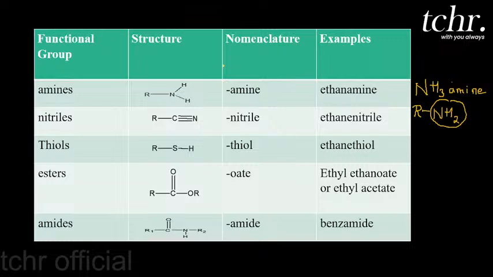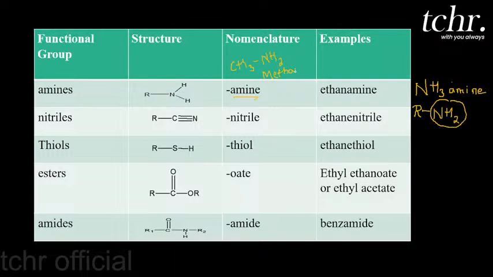So what is the suffix that you have to add when you are naming amine? It is nothing but the suffix amine. This is the IUPAC nomenclature I am explaining to you. Now for example, CH3NH2. Here what I did, the simple way as I told you before: from CH4, what is the name of CH4?